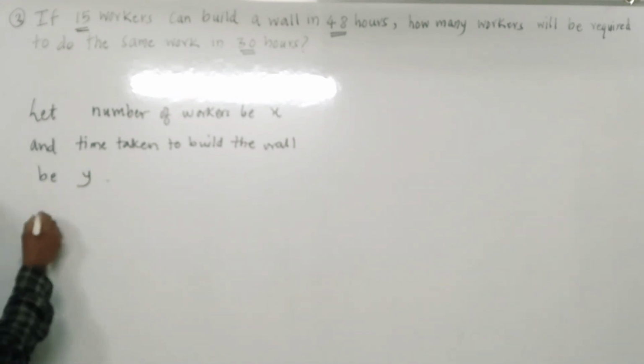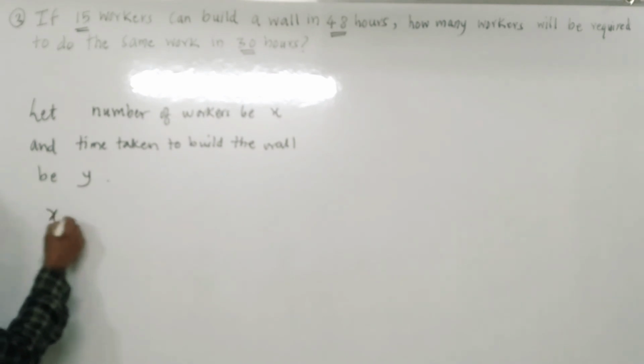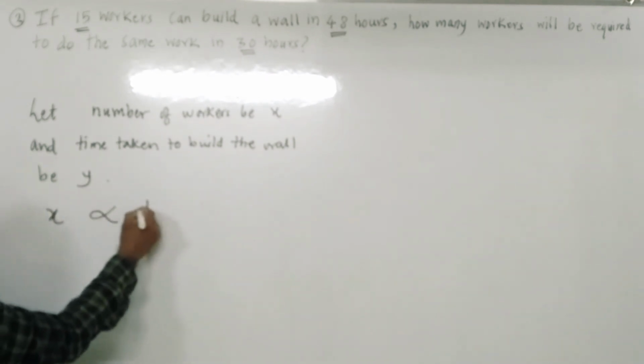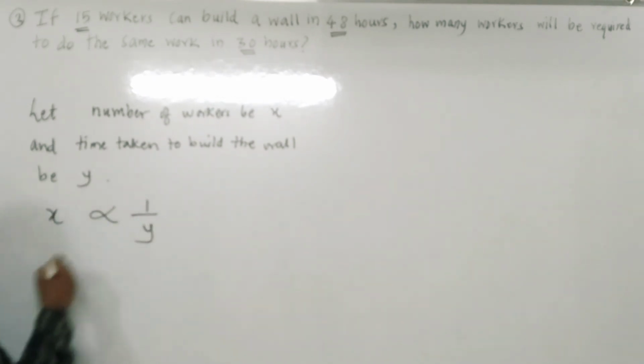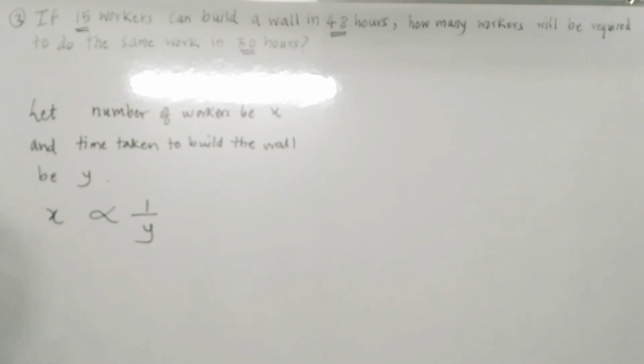Here the number of workers x varies inversely to the time taken to build the wall. So x varies inversely to 1/y.